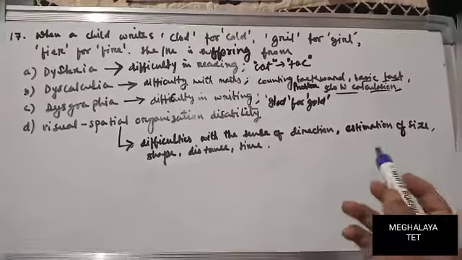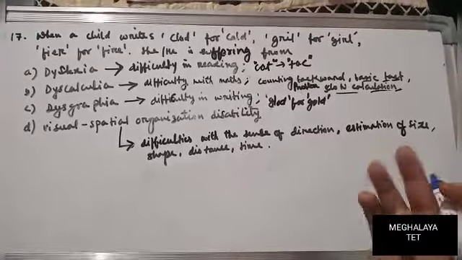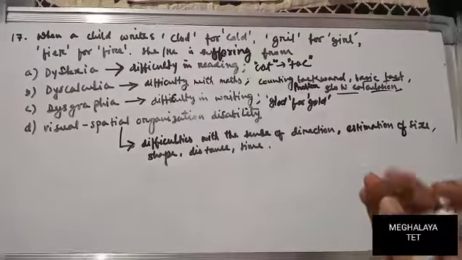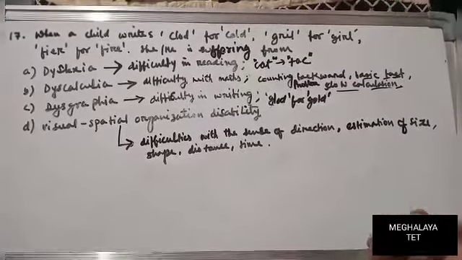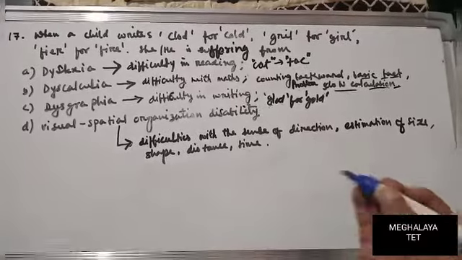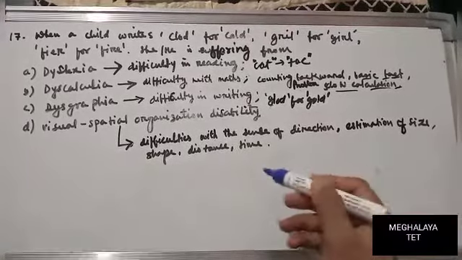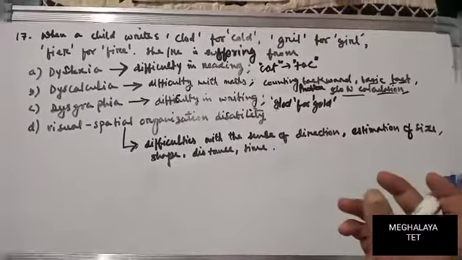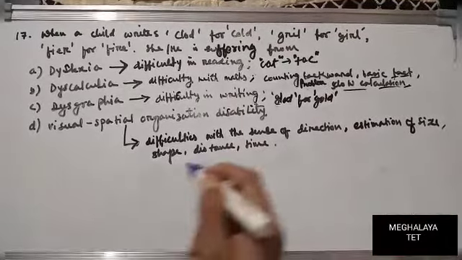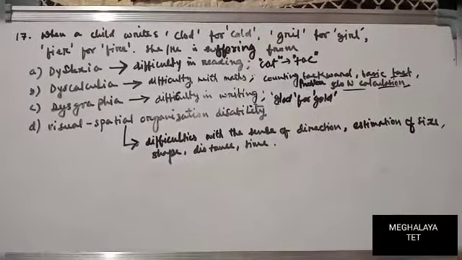They also have difficulty with estimation of size, which one is bigger or smaller, with shape, and with distance and time. All these things happen in visual spatial organization disability.